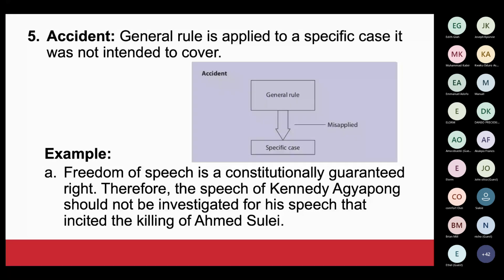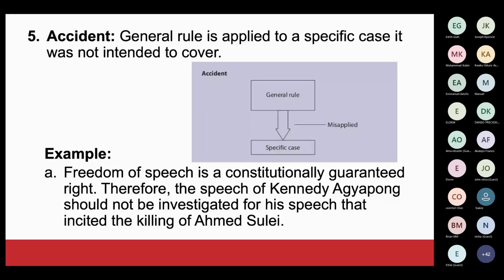Therefore, his speech should not be investigated for inciting the killing of Ahmed Sule. This is the fallacy of accident, because you cannot use a general rule, apply it to a specific case when it cannot be covered.